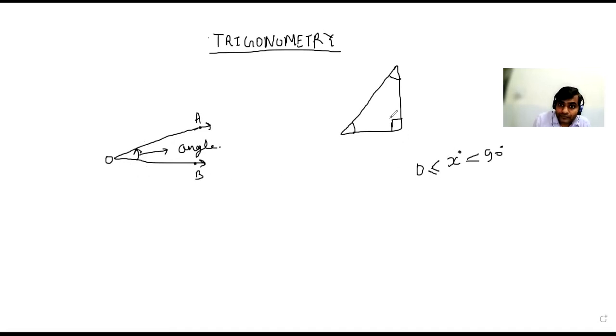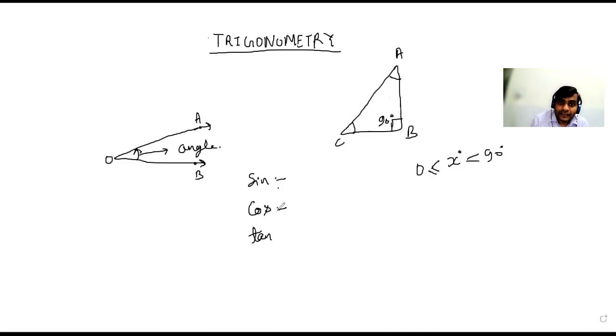Now, this is an angle of 90 degrees. This is the right angle triangle ABC. The trigonometric ratios are divided into six parts. Mainly there are three: sine, cos, and tan.